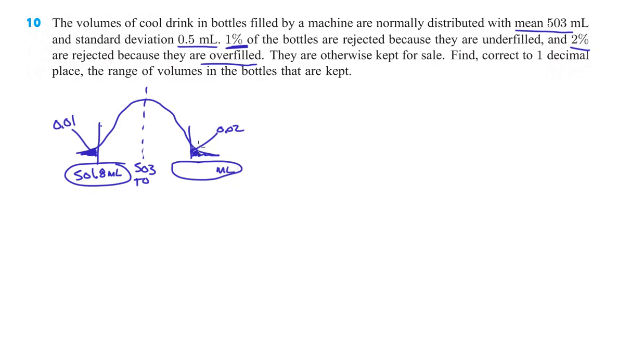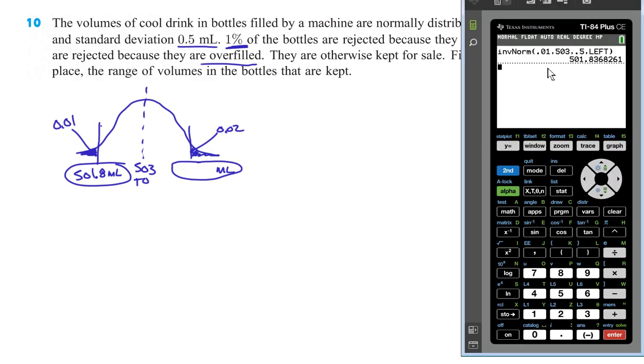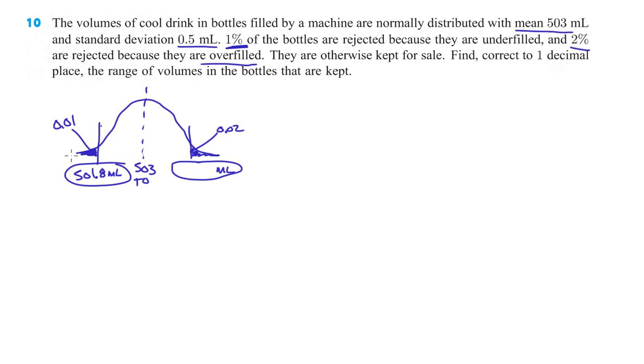Okay, so now there's a couple ways to do this. When we do our inverse normal and we do our left, remember how we always have this left piece over here? What we want to do is find the top 2%, which are overfilled. So what we want to find is how much it is from all the percent from here up to here.